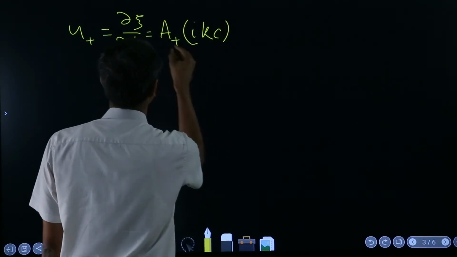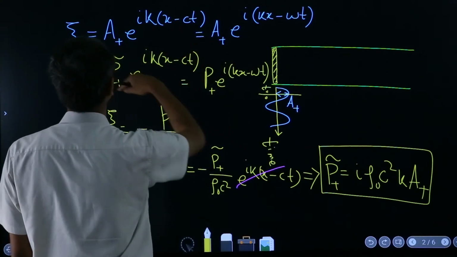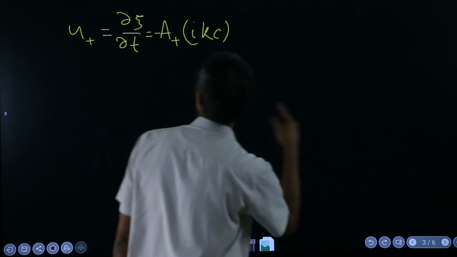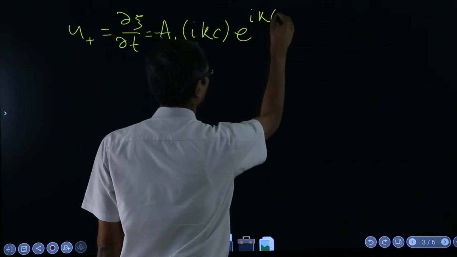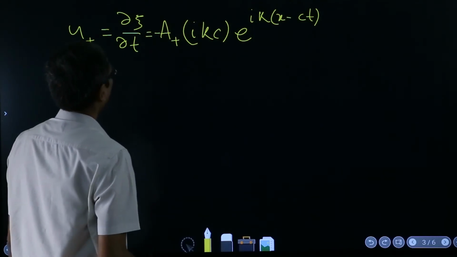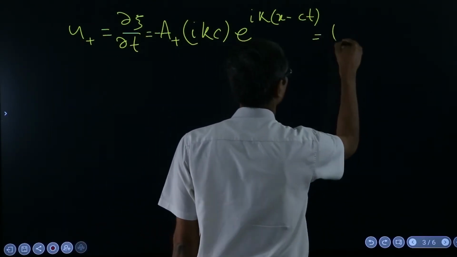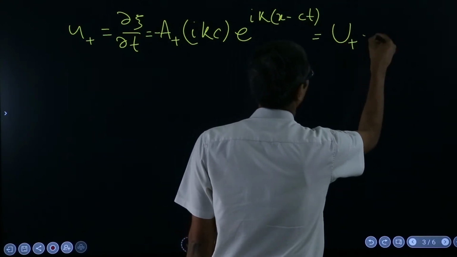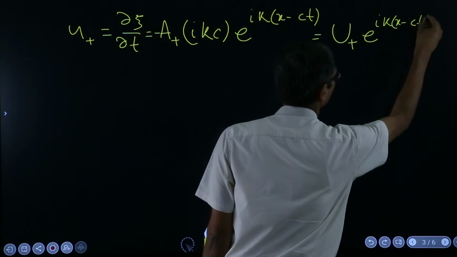So this minus will be coming, because I am differentiating with respect to time. So this i(kx minus ct), is that fine? Now this is equal to your u plus e raised to i(kx minus ct).